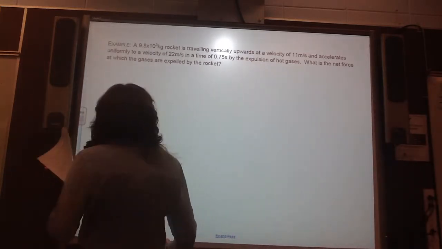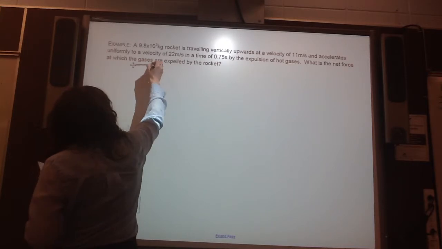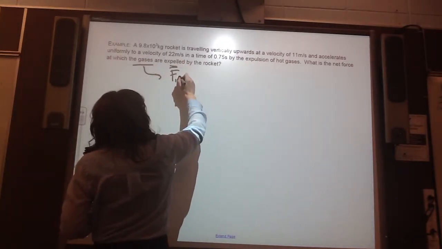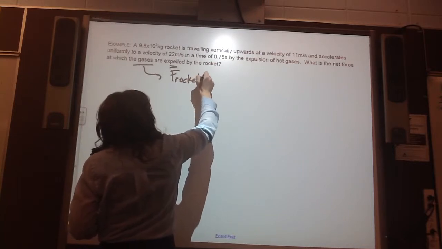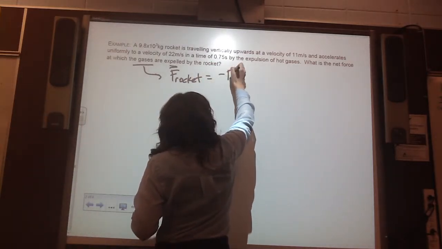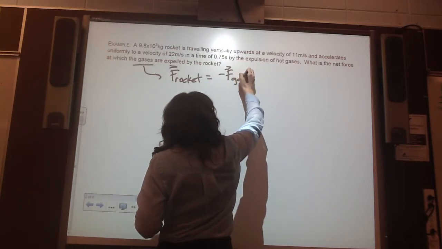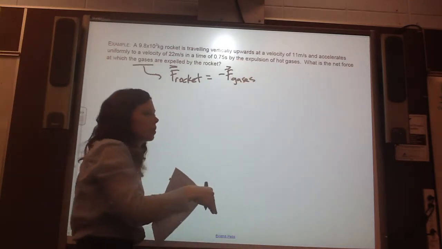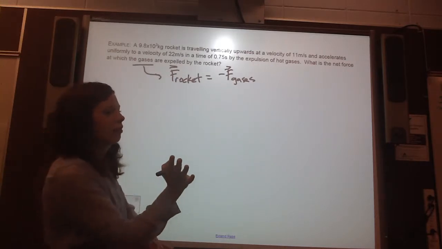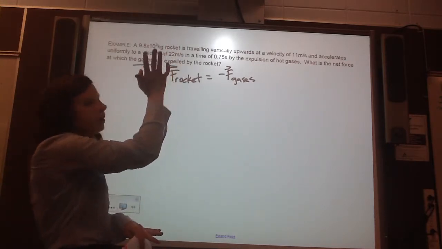Okay, so we see here we need to make the assumption that the force of the rocket being propelled upwards is the same as the negative force of the gases propelling downwards. So the gases are pushing down from the rocket and therefore it's pushing the rocket up.